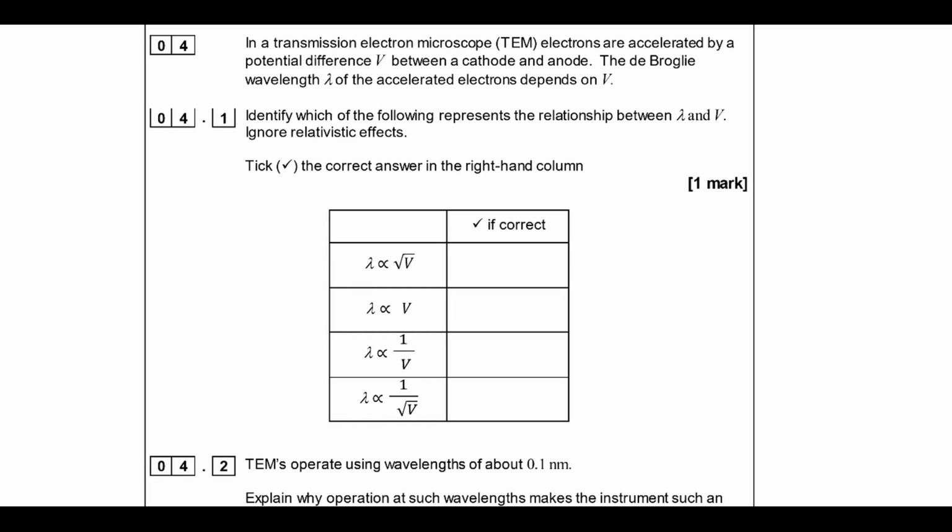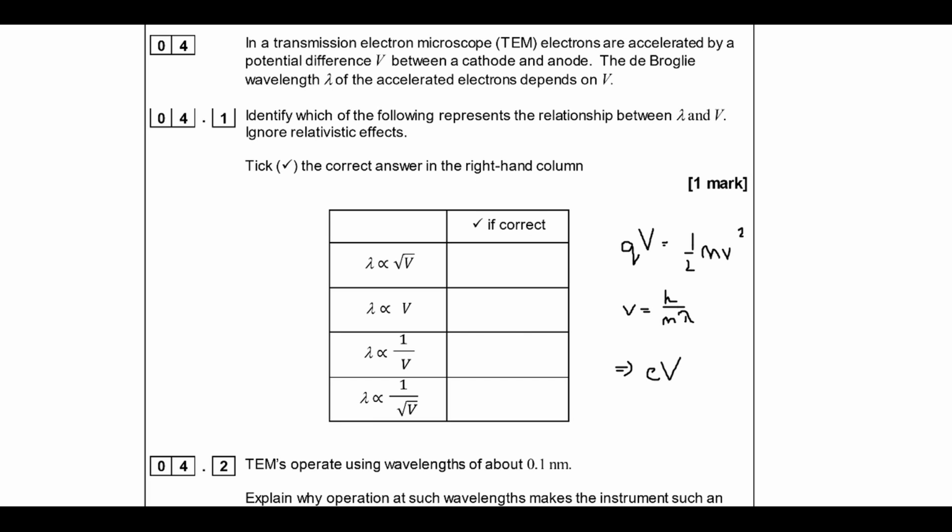So we know that the change in electric potential energy is going to be equal to the kinetic energy of the electron. So we've got this relationship here, and we also know that the velocity is given by h over m lambda here. So let's make that substitution.